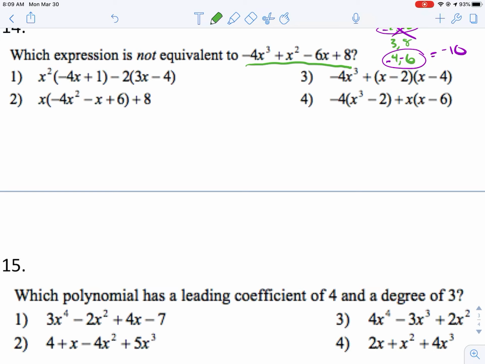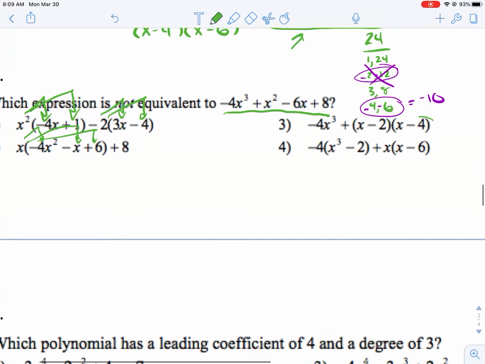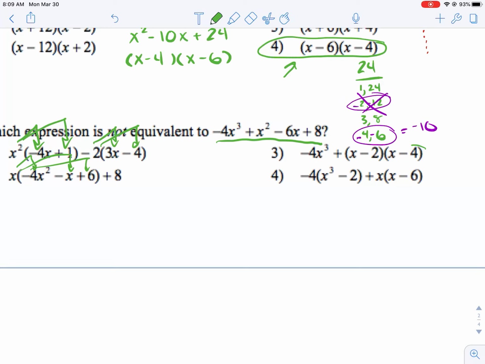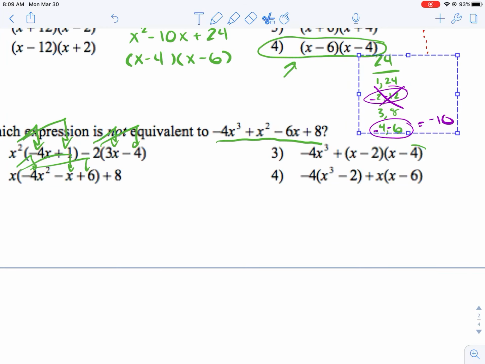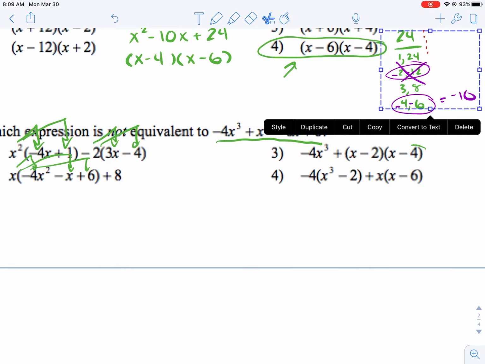And so what we're going to do in order to find that is simply distribute these numbers on the outside. So when we multiply these numbers out, we'll have to multiply this one out here.